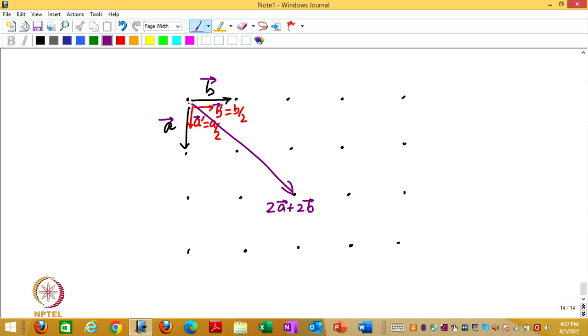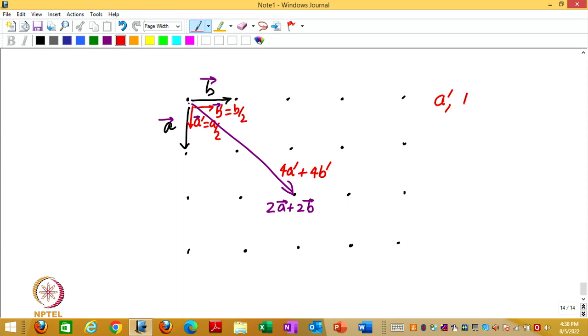But what about the same vector in A prime B prime coordinates? It will become 4A prime plus 4B prime, because it was half. So, I have to go twice that amount. Fine, that is also a basis, that is also a basis.